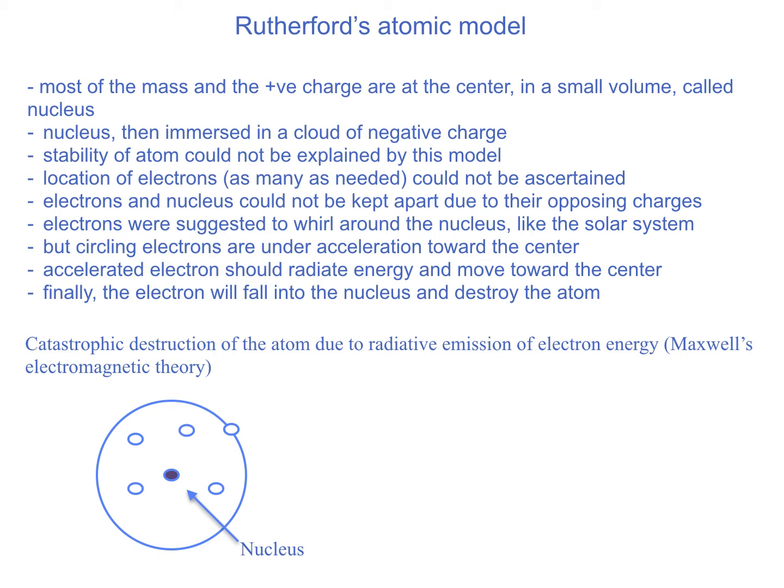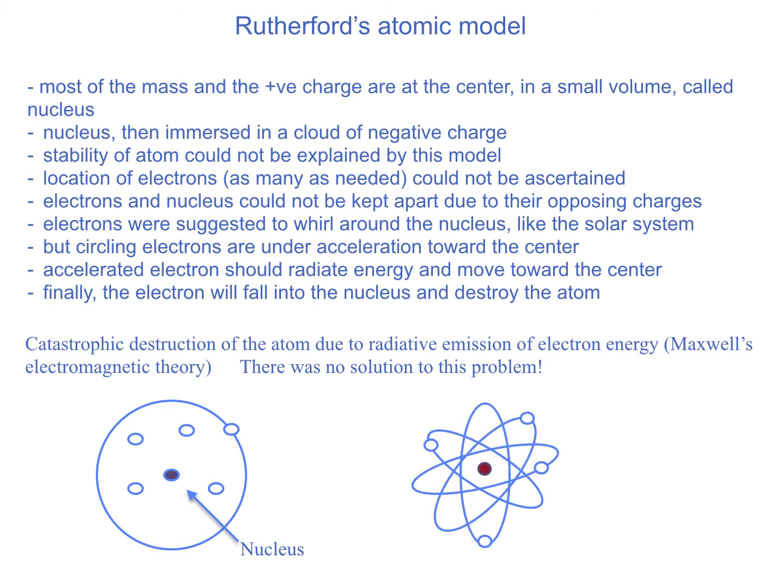So making the electrons go around the nucleus made matters worse. And so Rutherford's model explained half and could not explain the other half. And also couldn't explain the atomic spectra. And so there was no resolution to this problem.